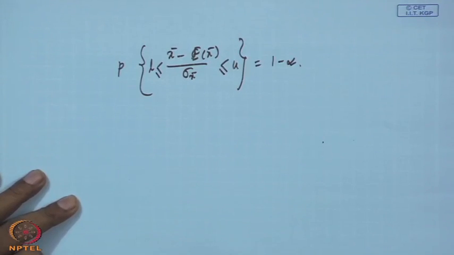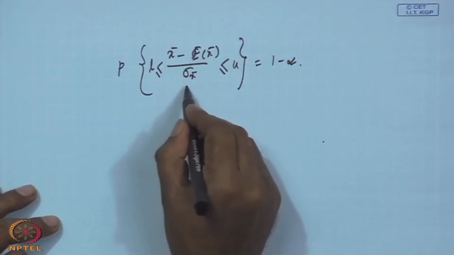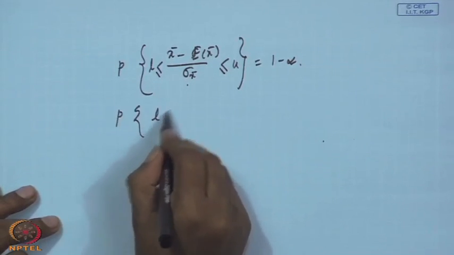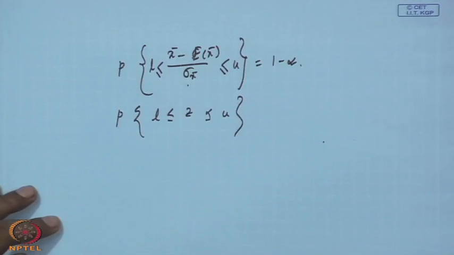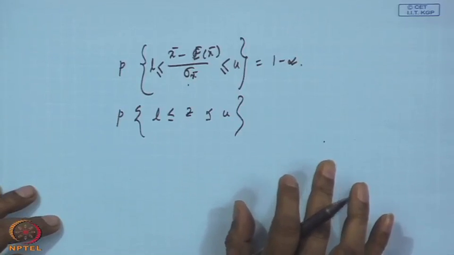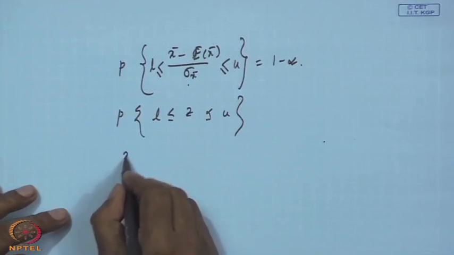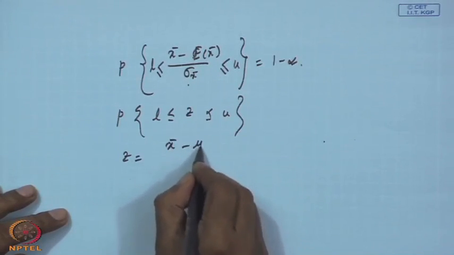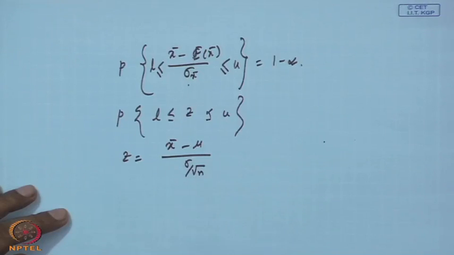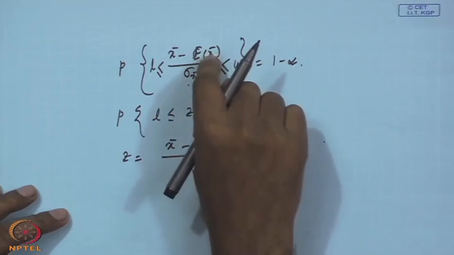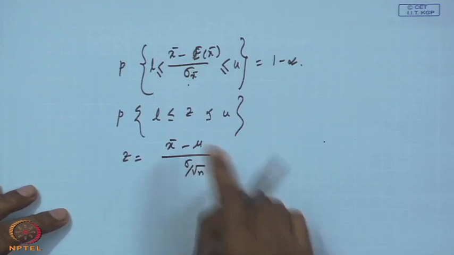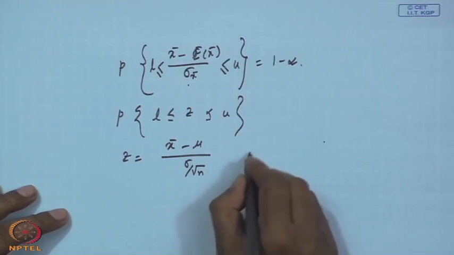Okay. So, if your distribution is z, then L less than or equal to z less than or equal to u, when conditions are satisfied, like a normal population irrespective of sample size with sigma known. Then we write z equal to x bar minus mu by sigma by root n. So, sigma x bar is sigma by root n, we have seen in the last class, and expected value of x bar is mu. Okay.